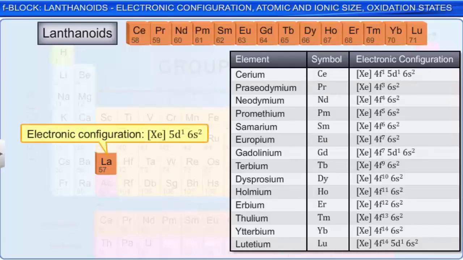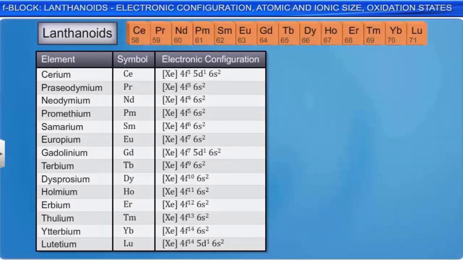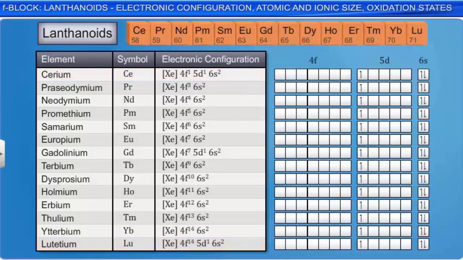We might expect that the 14 elements from cerium to lutetium would be formed by adding 1, 2, 3, up to 14 electrons to the 4f level. However, it is energetically favorable to move the single 5d electron to the 4f level.